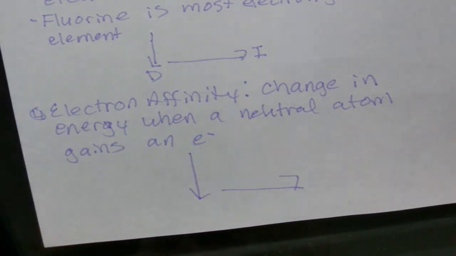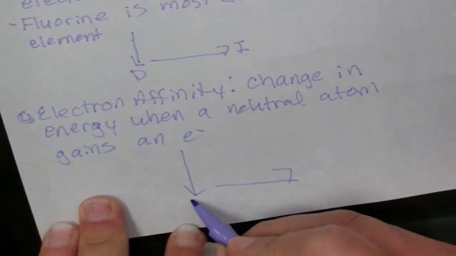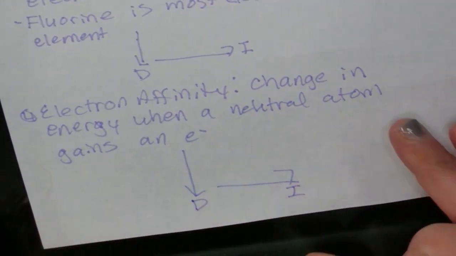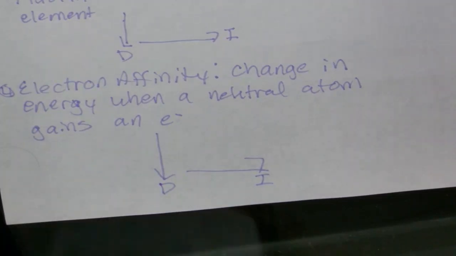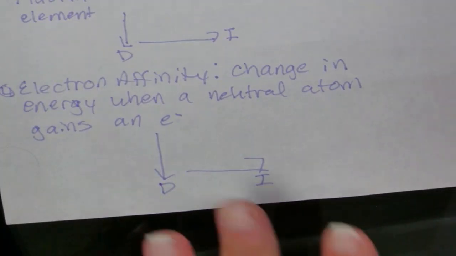All right, so our electron affinity is going to decrease as I move down and increase as I move across. And ultimately, it's going to be the same reason. Essentially, each one of these trends that we've looked at has had the exact same reason why.